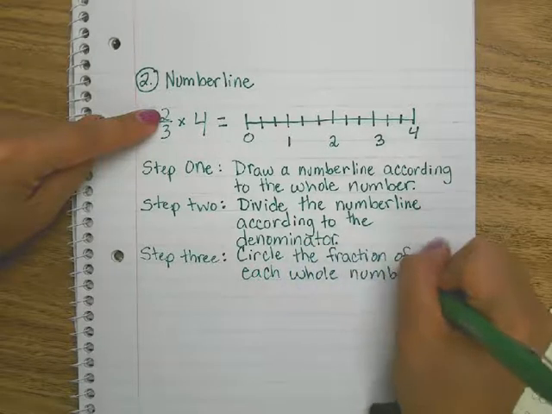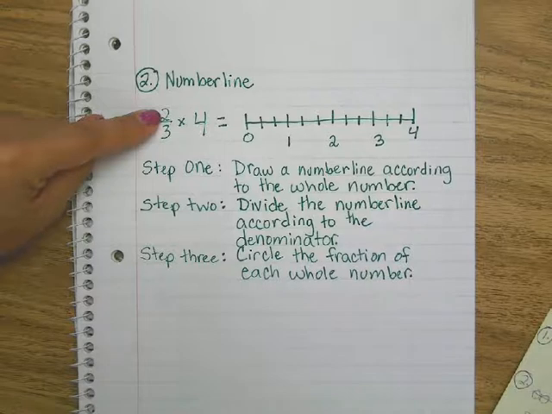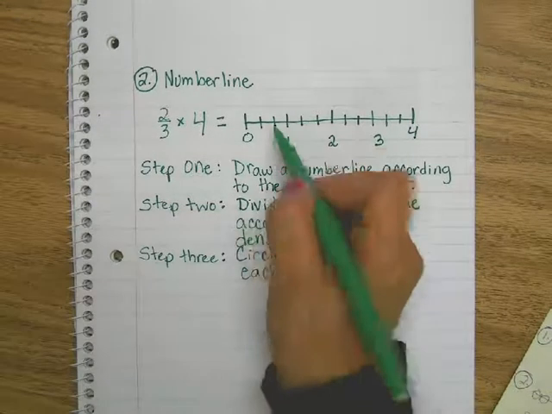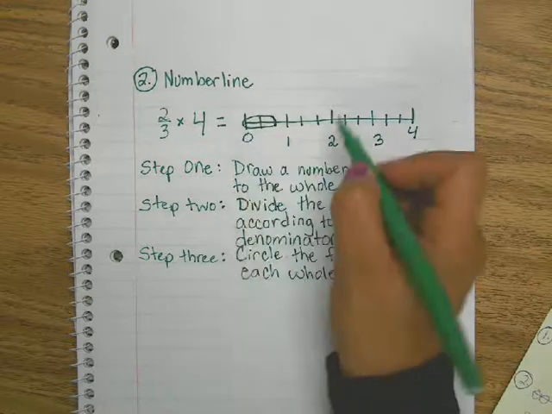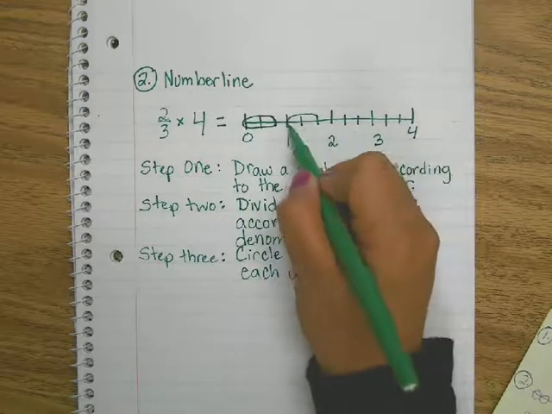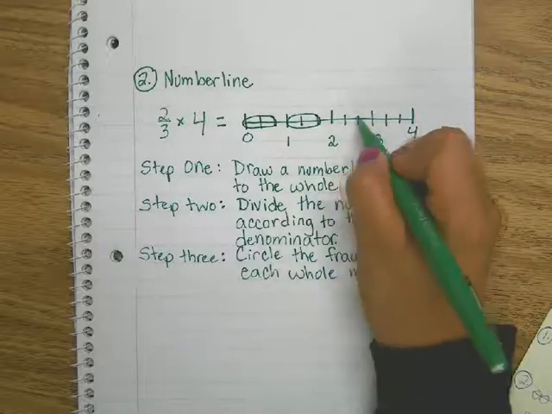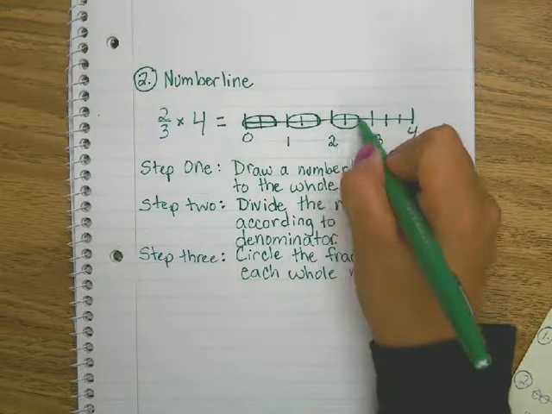So it's 2/3, so I'm going to circle 2/3 here, 2/3 here, 2/3 here, and 2/3 here.